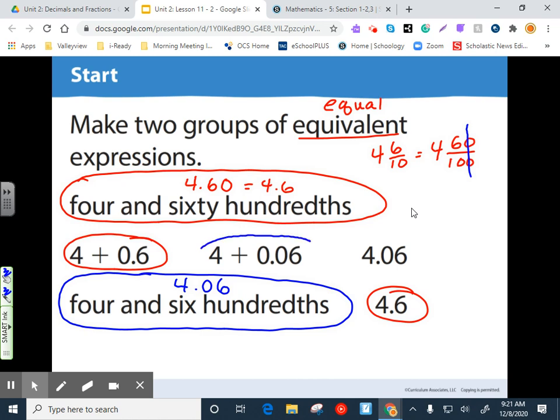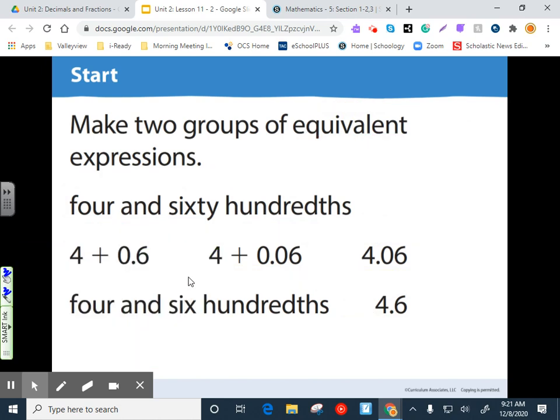So that would be this one and this one as well. So again, three different ways that you can write them. You can write them in word form, expanded form, or your traditional decimal. But just be careful of the wording because 60 hundredths is definitely different than 6 hundredths, as you can see. So just be careful with that.